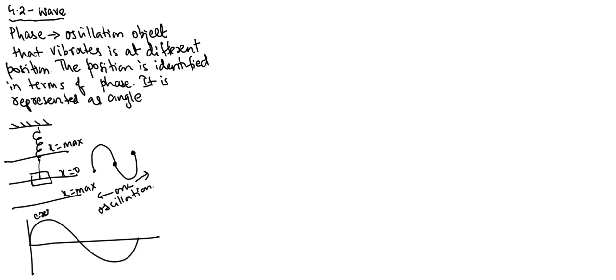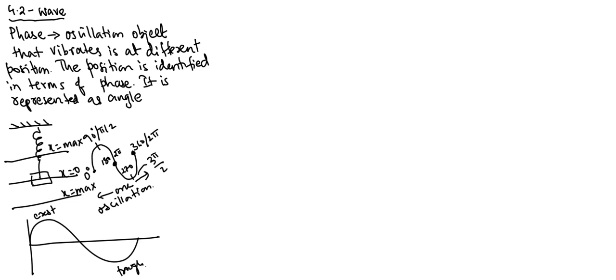So this is my crest, this is my trough, and I'm going to take this one as 0 degree, this as my 90 degree or pi by 2 radian, this as my 180 or pi, this as 270 or 3 pi by 2, and this as my 360 or 2 pi radian.